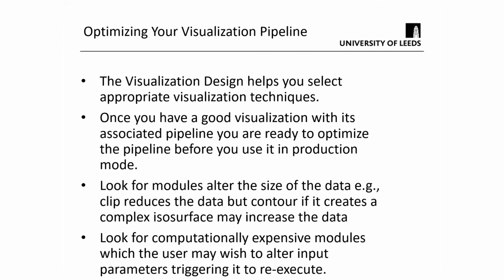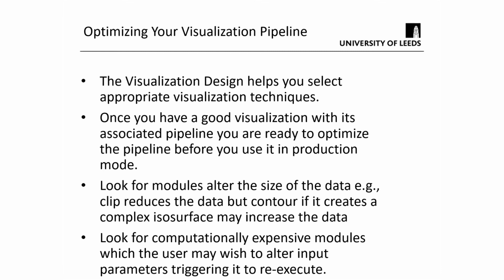So you can look at how you could optimize the data. For example, you could alter the size of the input data, you could clip it, you could contour it once you've clipped it, or if you don't want to change the contour value and you know that people won't mind waiting a little bit of time for the setup, you can contour it first and then make clipped options of that later on.